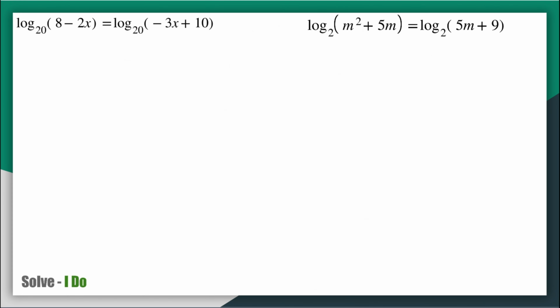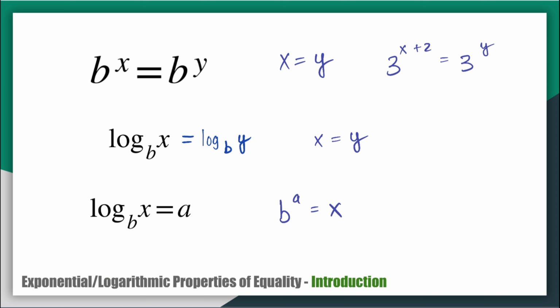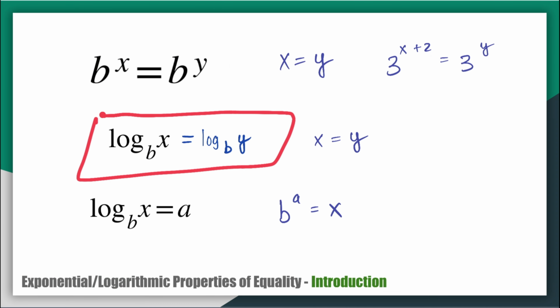All right, so now we're bringing in the logarithms again, okay? And the feedback I got in the last video was having trouble lining up the properties. So as you saw, I lined up the properties for the previous problem, so I'm going to do the same. So we see a lot of logs here, right? We see log 20, log 20, log 2, and log 2, so those are the same base. Let's go back here and look, okay? This one right here is really going to help us out with that.